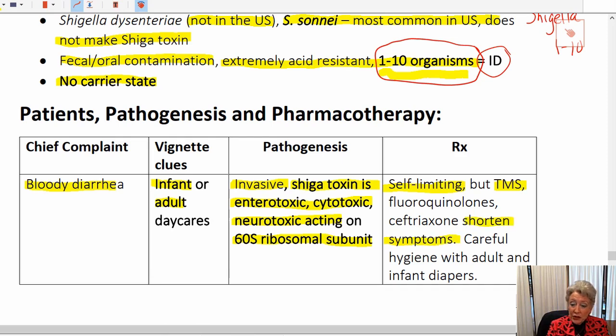And I should stress again, remember, our most common strains don't make the Shiga toxin. So that would only pertain if they gave you a person from an area outside of the United States.